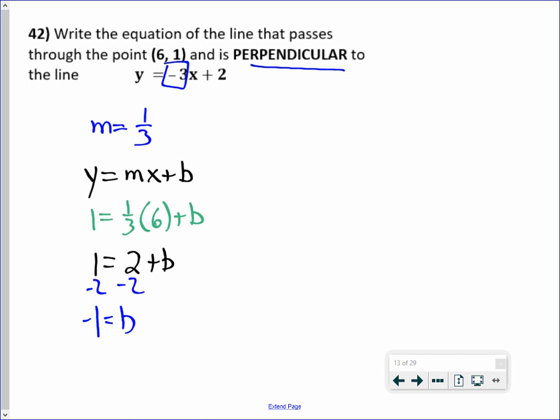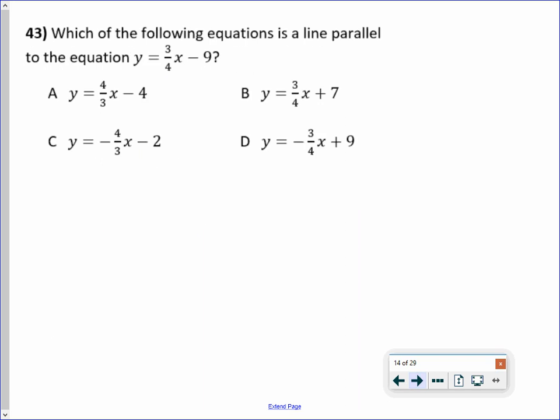So my equation will be y equals 1/3 x minus 1. All right, which of the following equations is a line parallel to this one? So once again, it's parallel, so the slope will be the same.